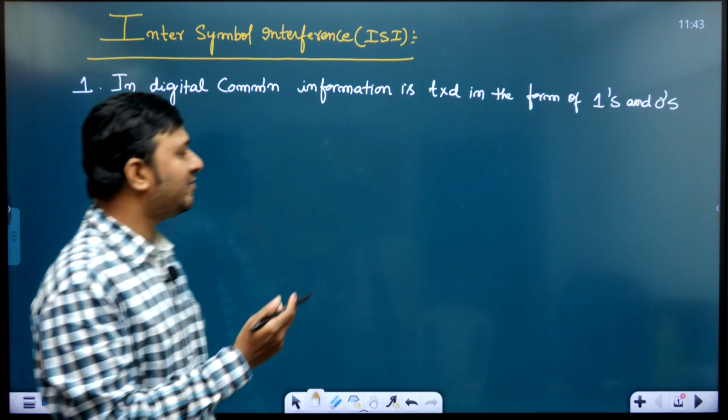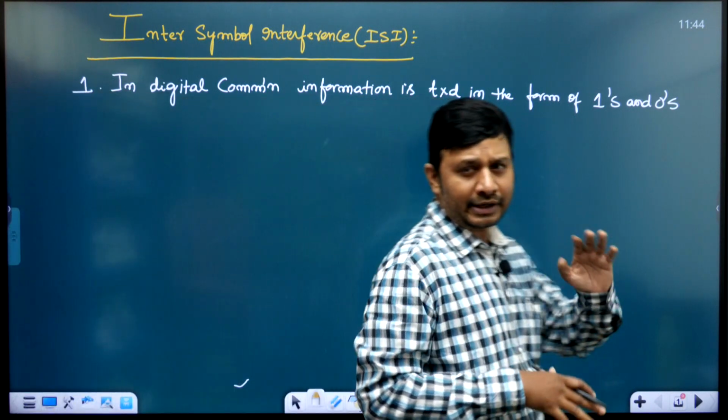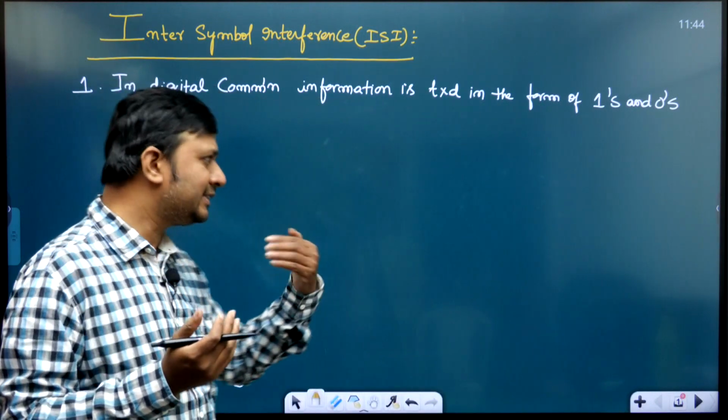Now how are these ones and zeros transmitted? These ones and zeros are represented in different electrical formats and they are transmitted through the channel.